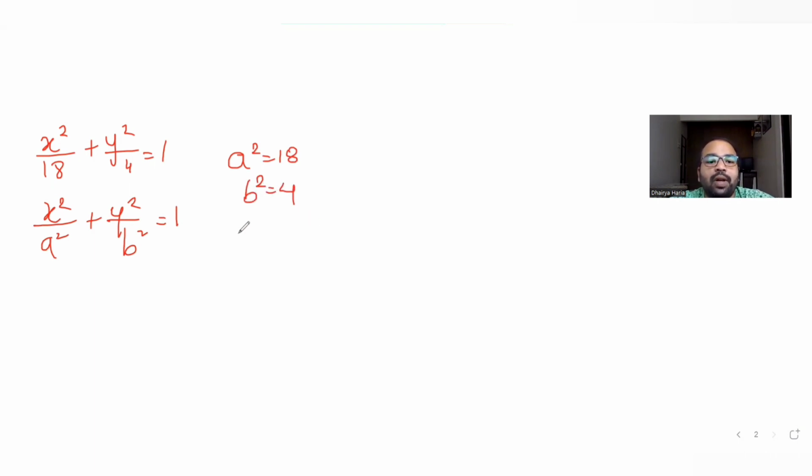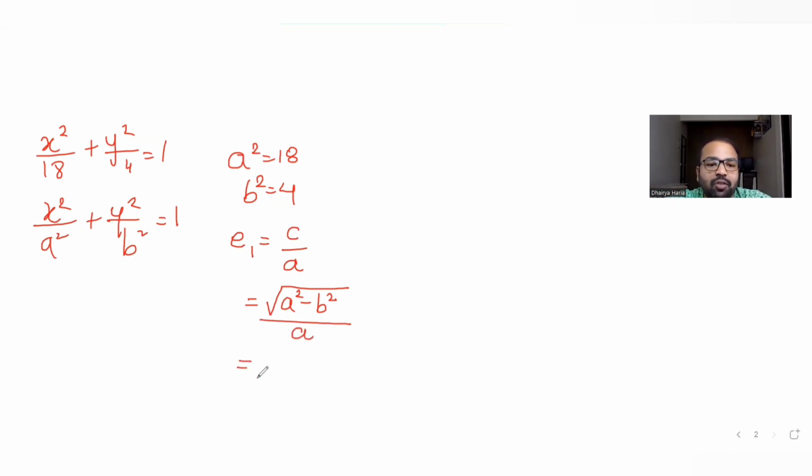If I want to calculate the eccentricity for this, E1, that is nothing but c upon a, where c is the length or distance from the center to the foci. So E is equal to c by a, and c is root of a square minus b square since a is greater than b, dividing by the length of the semi-major axis a.